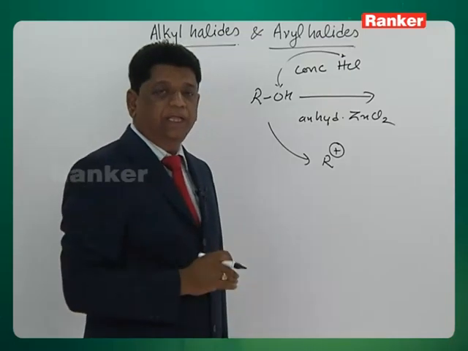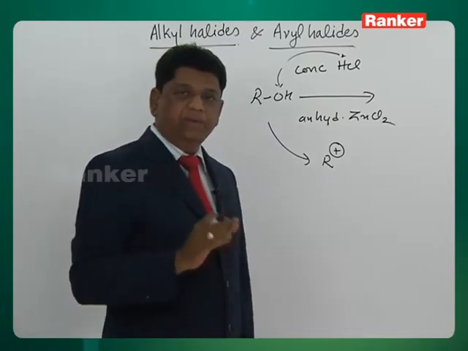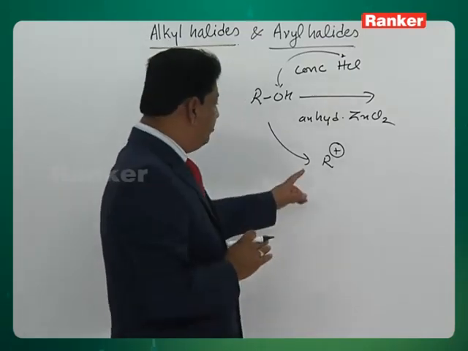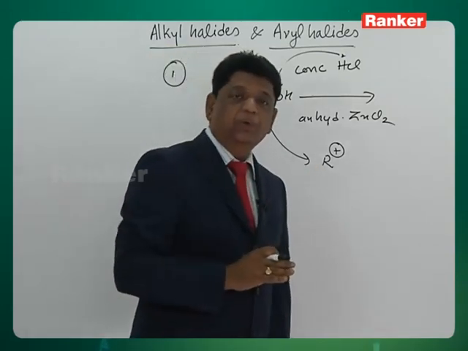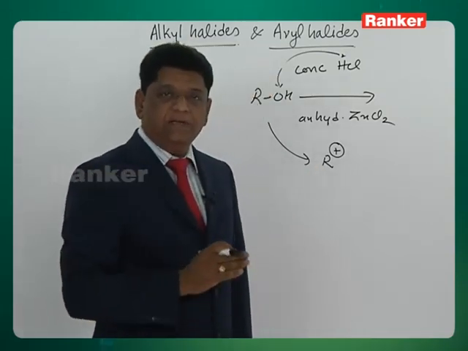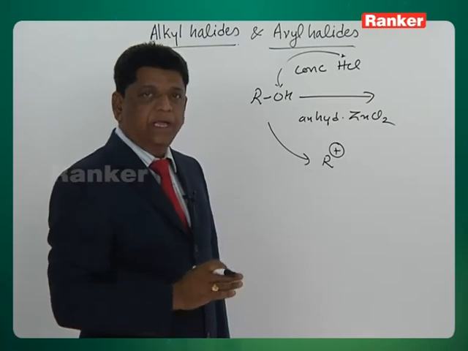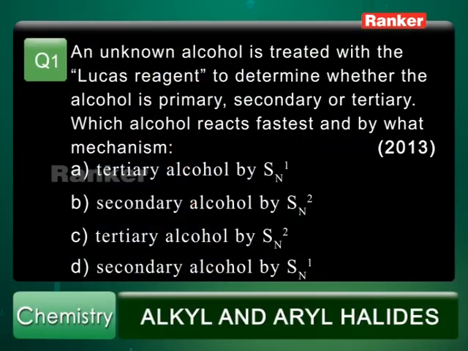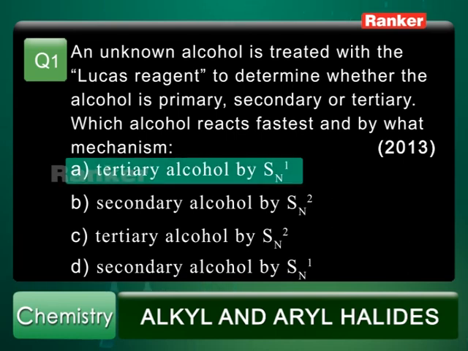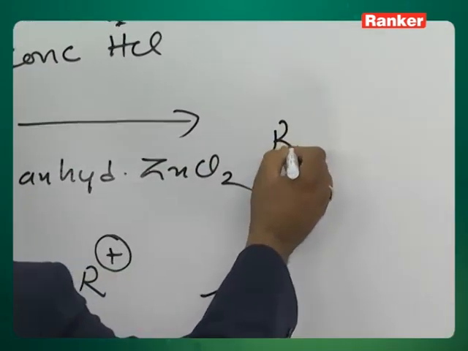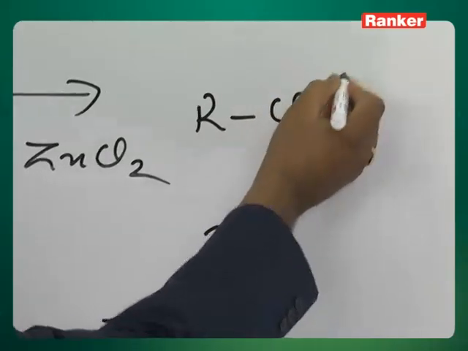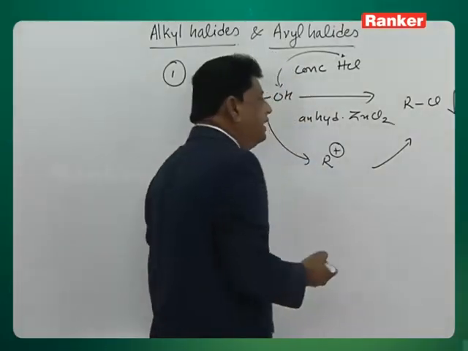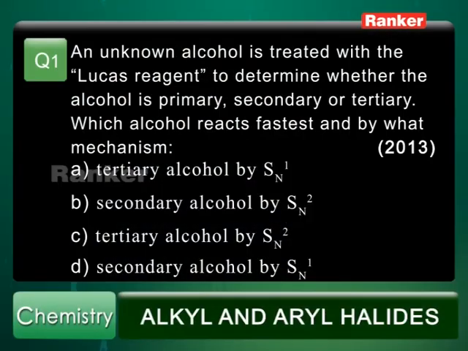Therefore, out of the three types of alcohol, tertiary is the fastest reaction, and that too through a carbocation, which is an SN1 reaction. So the answer is tertiary alcohol by SN1. Option A is the right answer. Finally, we get an alkyl chloride which gives turbidity, that is the test reaction. So the answer is option A.